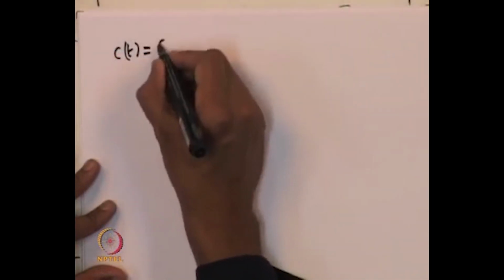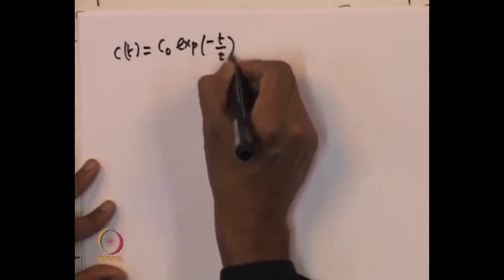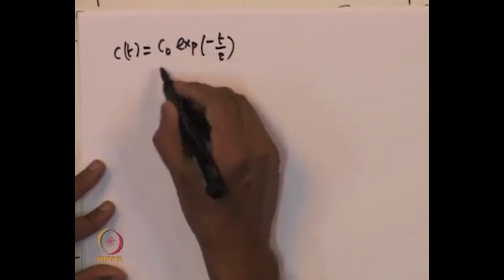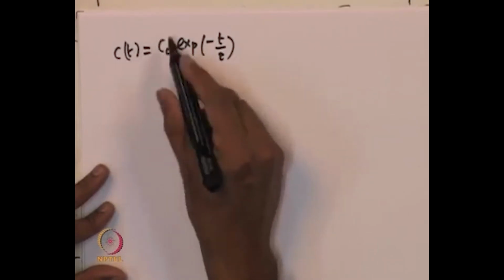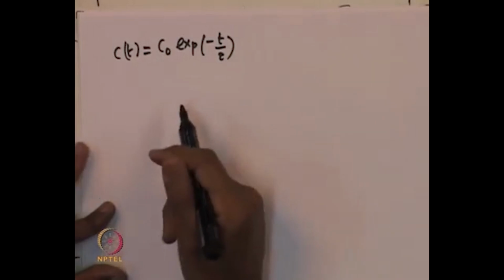Now one can integrate this expression to find that C of t is equal to C naught times exponential of minus t by tau, where C naught is the initial pulse tracer concentration of the tracer that is fed as a pulse.